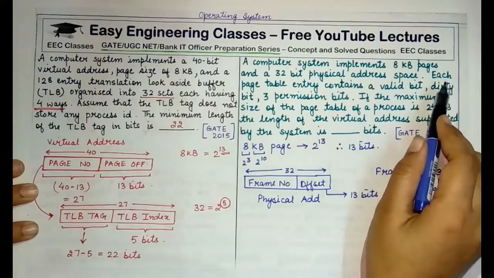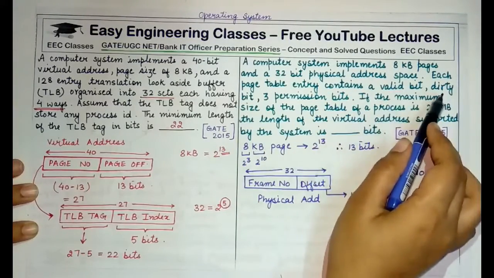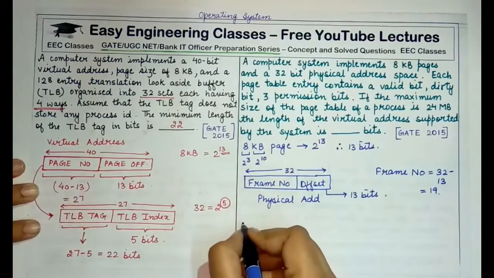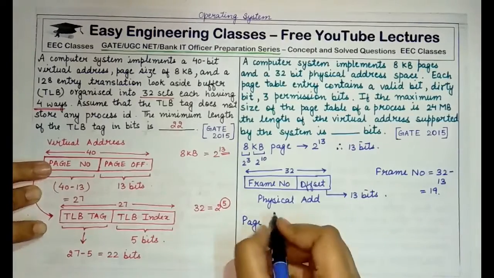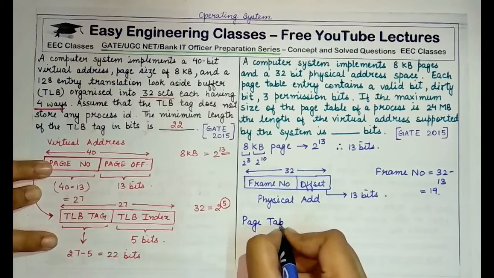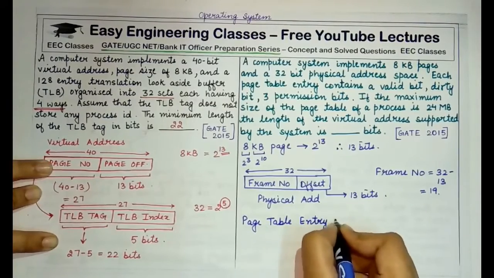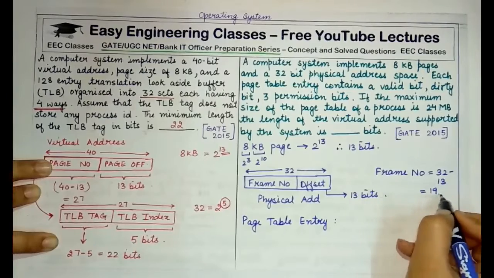Now what else is specified to us? We are told that each page table entry contains 1 valid bit, 1 dirty bit, and 3 permission bits. So how is a page table entry actually diagrammatically represented? One page table entry consists of certain bits that are reserved to represent the total number of pages. Here, frame number is equal to 19 bits.